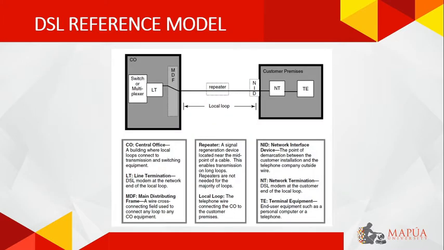Presented on the screen is a generic DSL reference model. As shown, a DSL consists of a local loop or telephone line with a transceiver at each end of the wires. The transceiver is also known as a modem or modulator or demodulator. The transceiver at the network end of the line is called the line termination or the transmission unit at the central end.